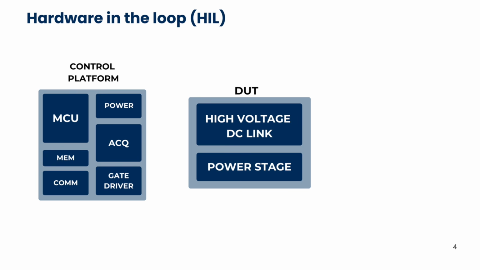In addition, we're going to need the power stages. Since we are talking about high power devices, we are going to need something that can manage high voltages. So we are going to need high voltage DC link and then the power stages. With these two elements, we will have the product we are going to sell. We have the controller and something to control.